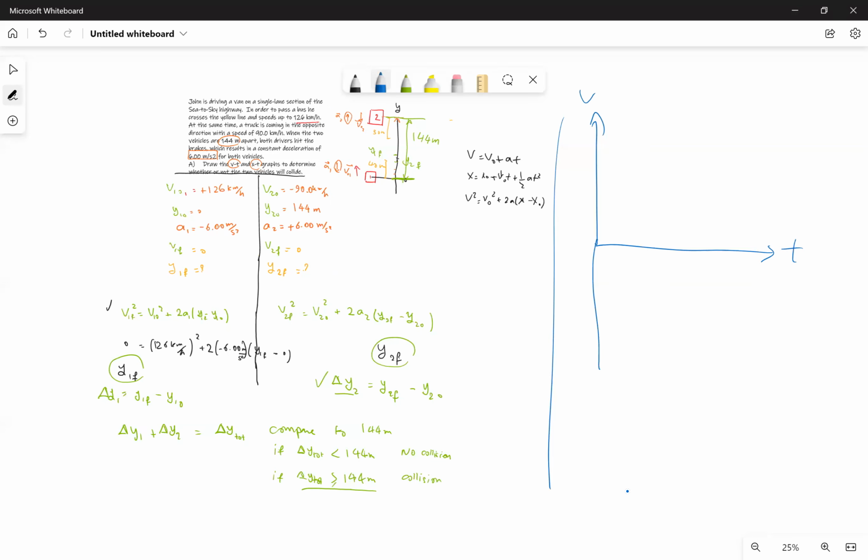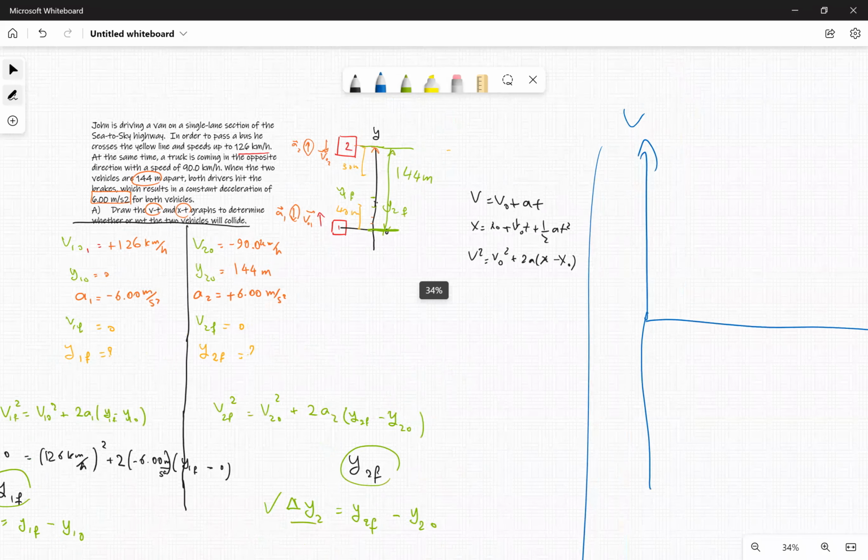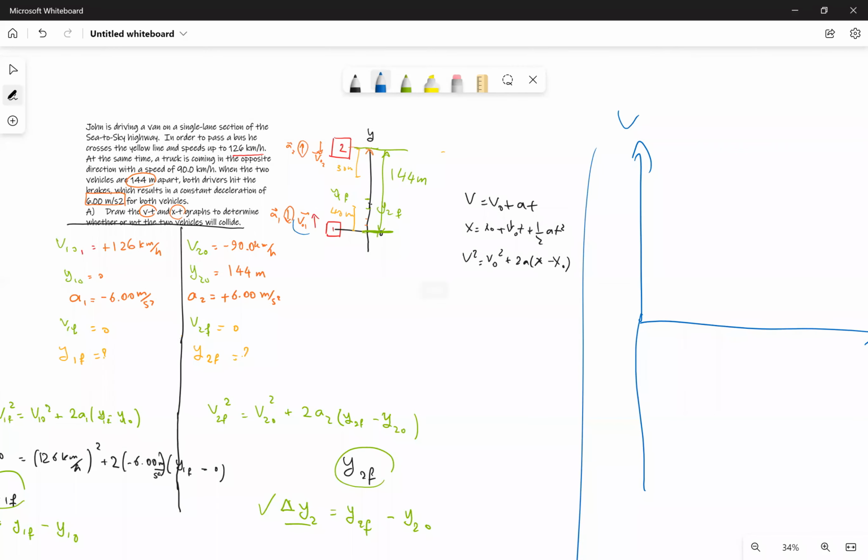Car one has a positive velocity, and its initial velocity is positive 126 kilometers per hour, which of course you need to convert to meters per second.